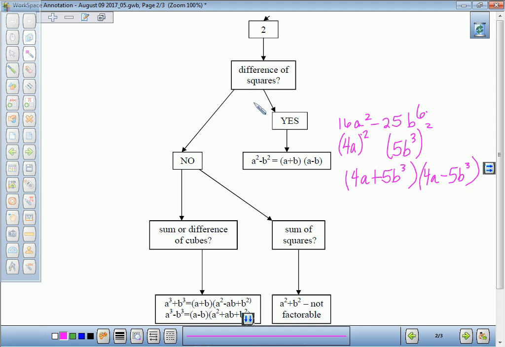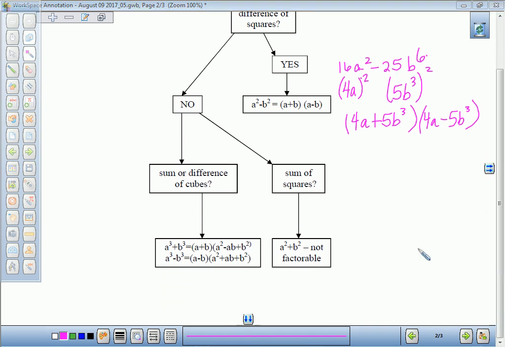Okay, if we do not have squares, maybe we have cubes. We could do a sum or a difference of cubes. And this is where your teacher may have used the mnemonic SOAP, and the SOAP mnemonic represented same, opposite, always positive.